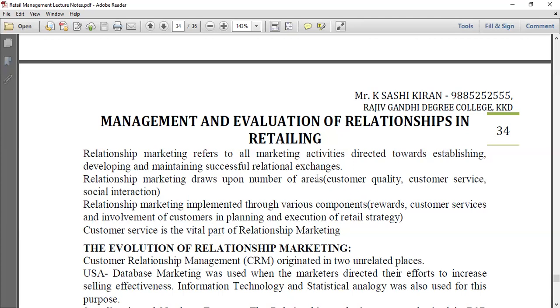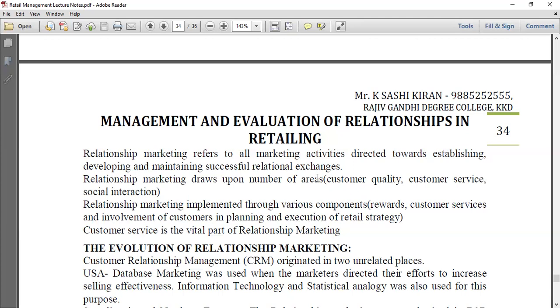Even if an organization commits a single mistake, or even if a single strategy goes haywire here and there, and the organization fails to survive, the organization ceases to exist. So in such a scenario, maintaining relationships and evaluating them on a regular basis has become a key aspect, not just in retailing, across all the industries.